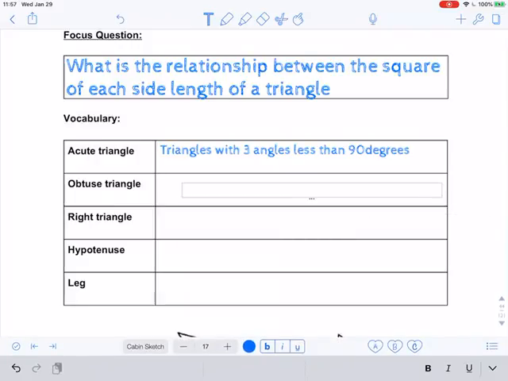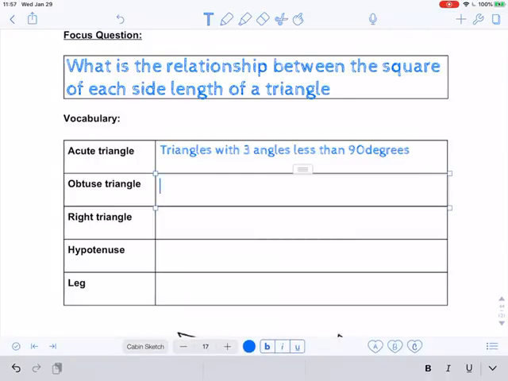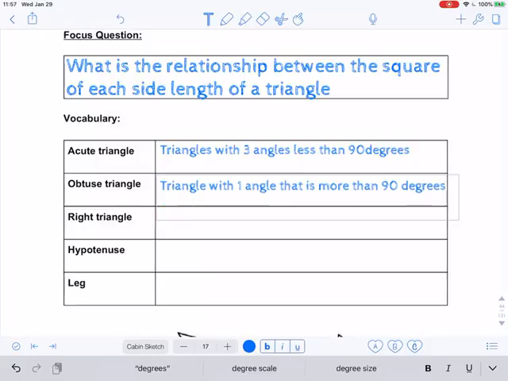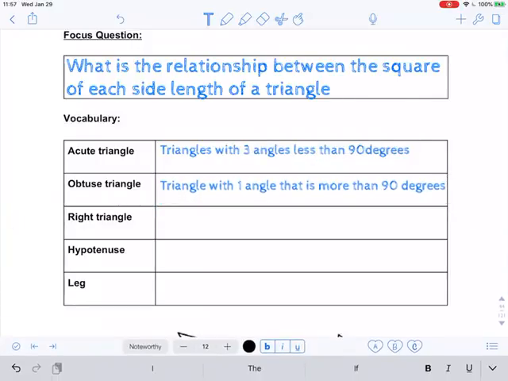And then we've got an obtuse triangle, a triangle with one angle that is more than 90 degrees. You can't have two or more angles that are more than 90. It doesn't work.